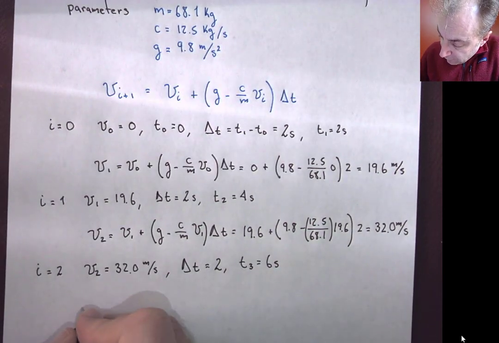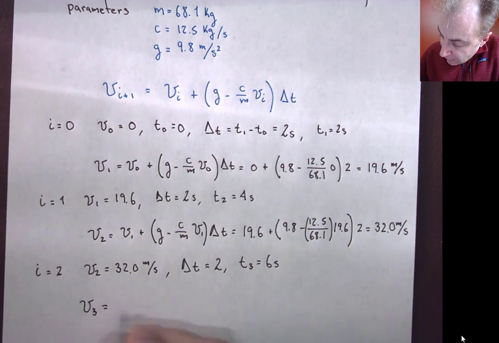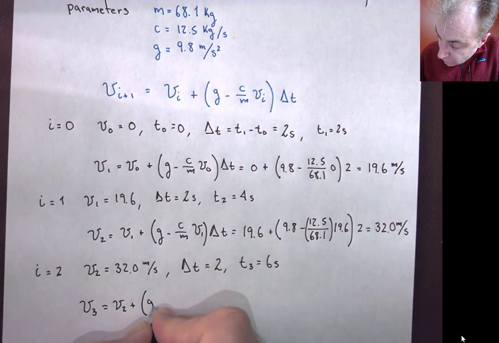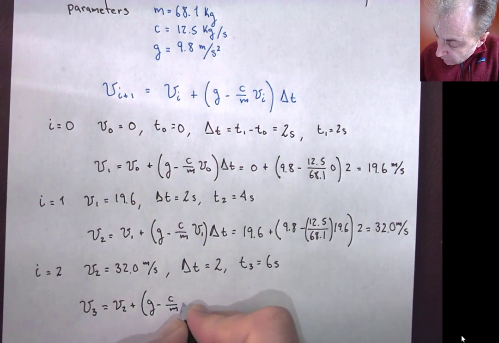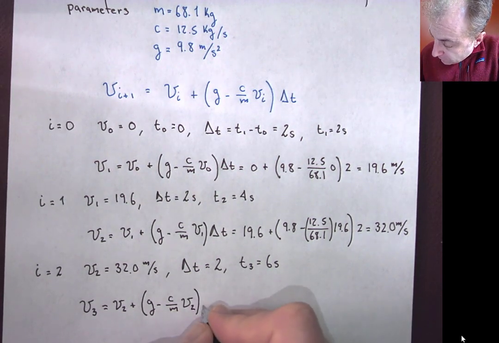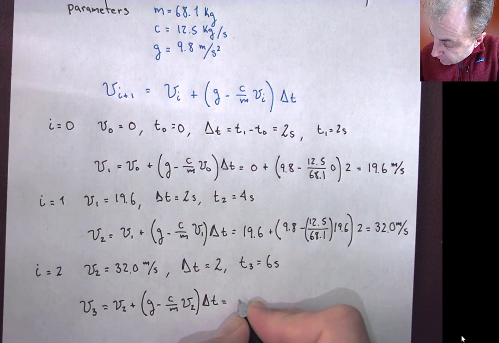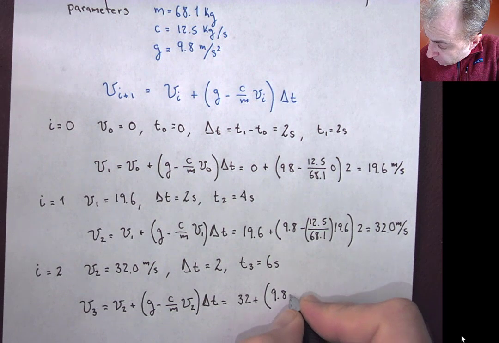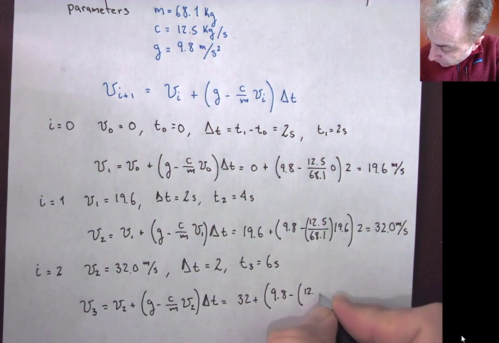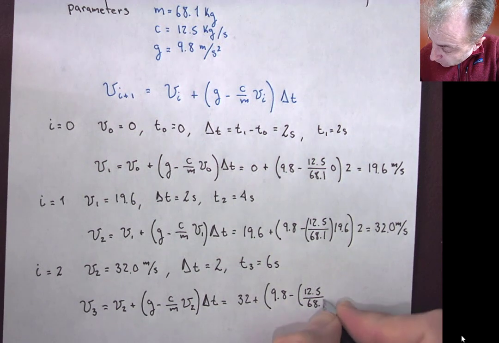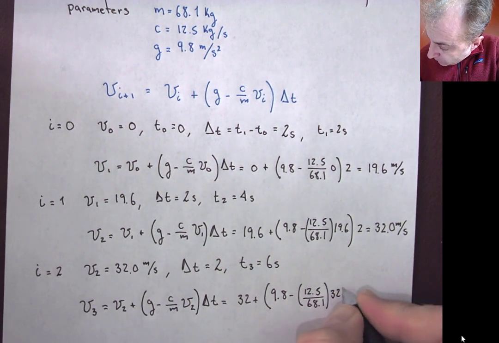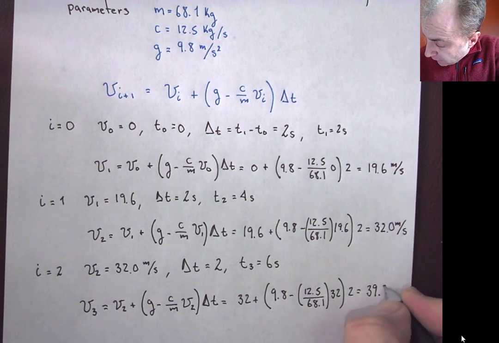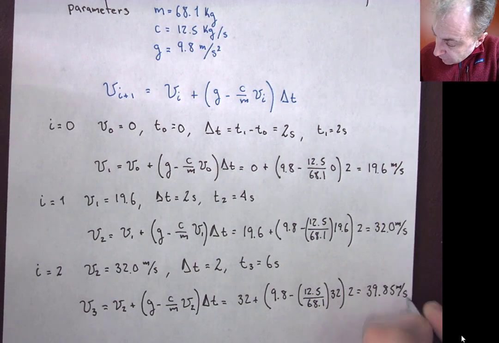So now we define v3, the velocity after 6 seconds, which is v2 plus g minus c over m v2, times delta t. So that is 32 plus 9.8 minus 12.5 divided by 68.1 times 32 times 2. And that is 39.85 meters per second. And so on.